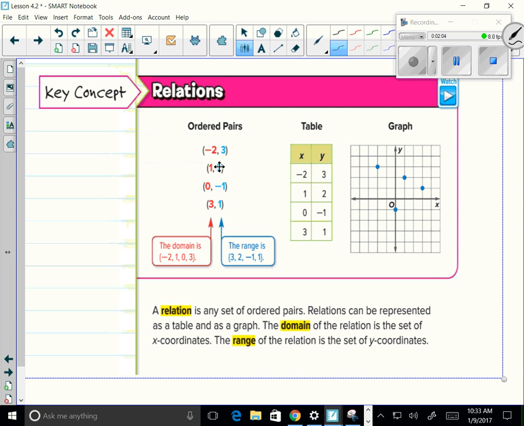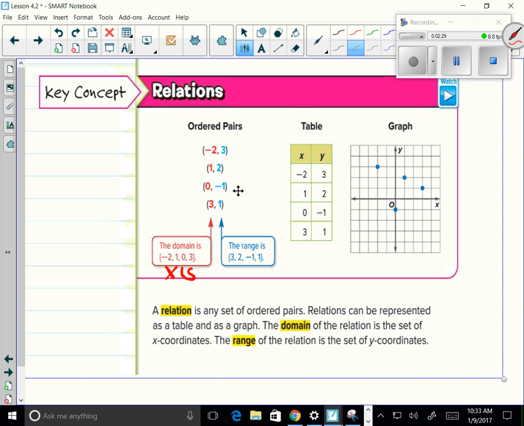Now on page 278, we have a key concept here. We're talking about ordered pairs, tables, and graphs, and we're looking at some new vocabulary words called domain and range. If you have an ordered pair and you're trying to find domain and range, you have to remember this: domain is all of your x's.